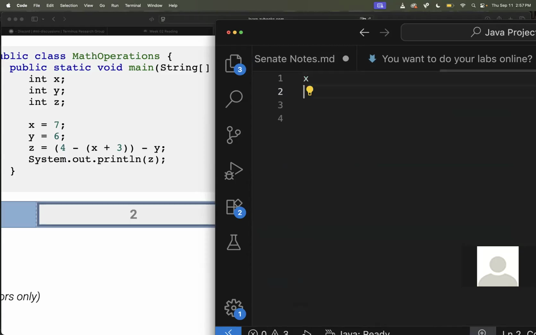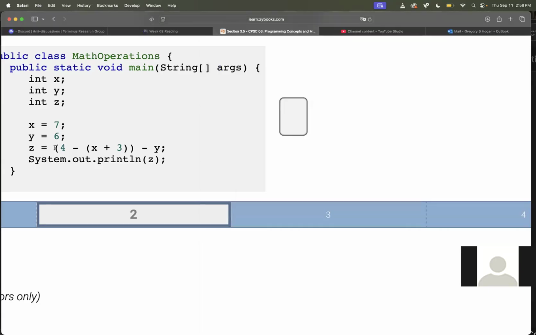We have X, Y, Z. Let me type a Y. Then we have X equals 7, so I put in a 7. Y equals 6, so I'll put in a 6. And then we have Z equals, oh God, what? Okay, so we have all this.